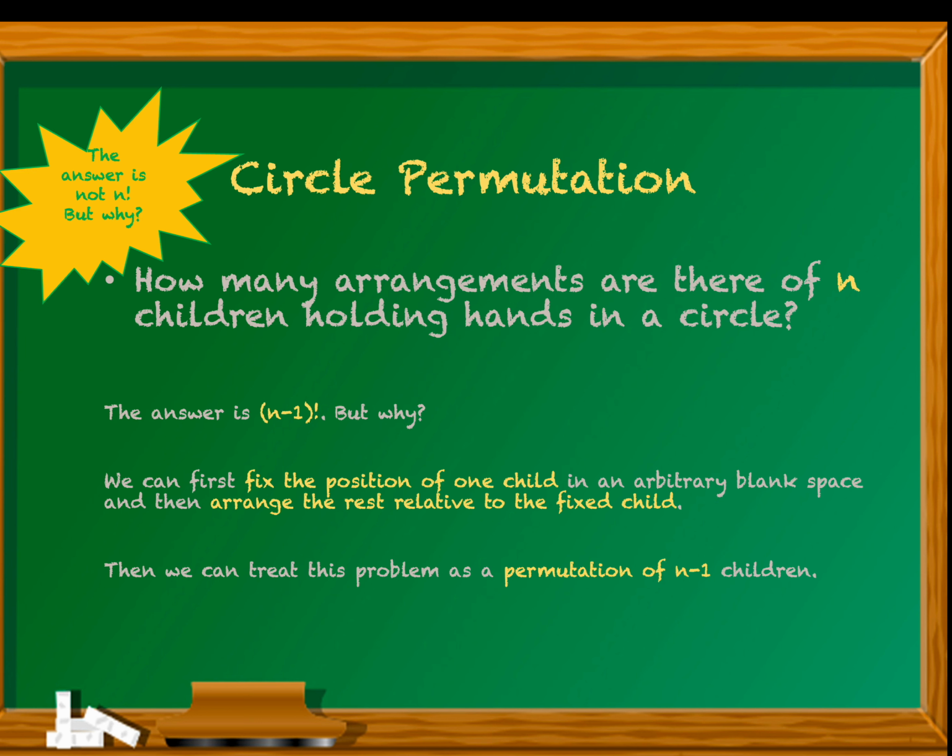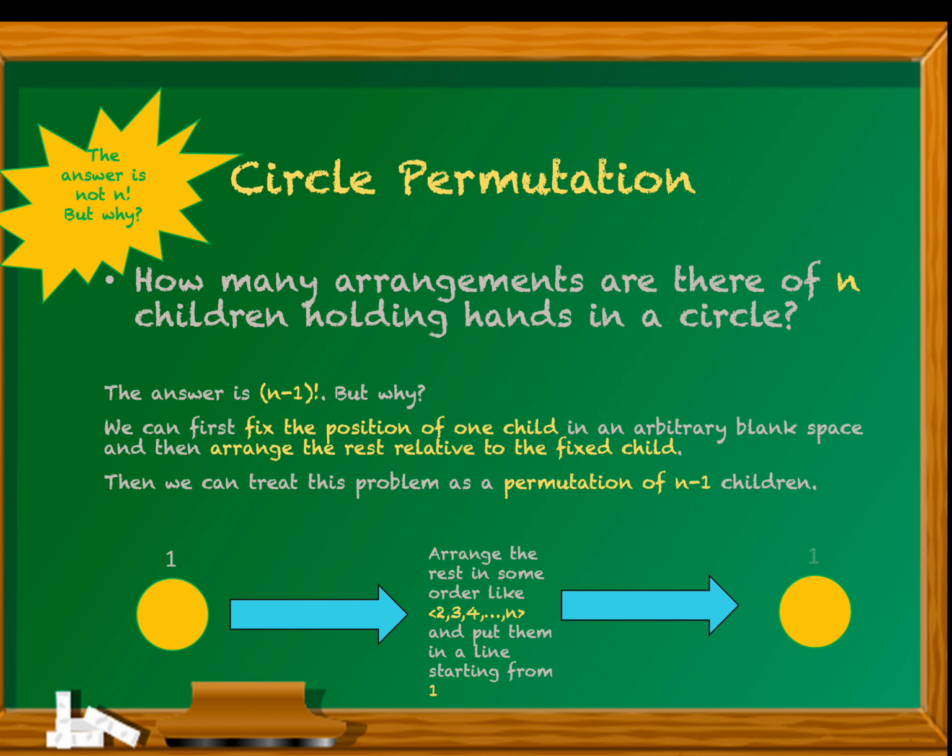And then again, we give some sentences which include the intuition behind this counting algorithm. And the student can easily remember or memorize this scenario instead of memorizing just this n minus 1 factorial and not being sure why this is equal to the answer to this question.